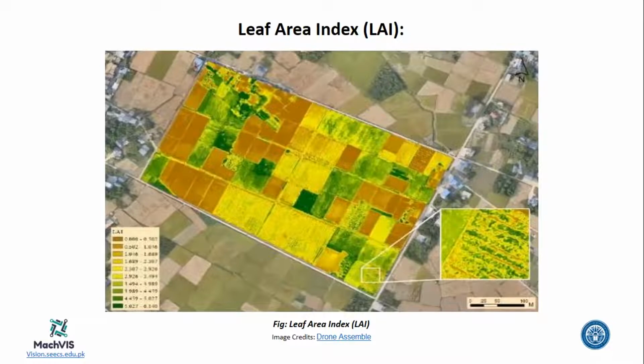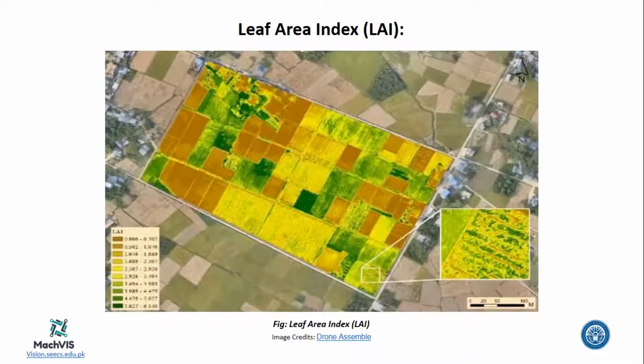Now we plot the leaf area index, LAI, of the same region in order to investigate why the NDVI values are low, and the leaf area index shows that these particular regions have no leaves. The crop might be cultivated.